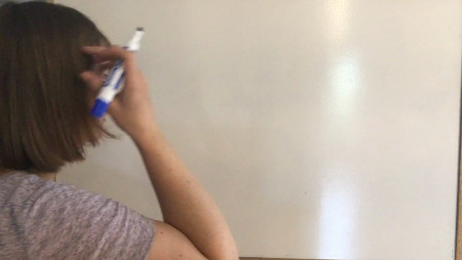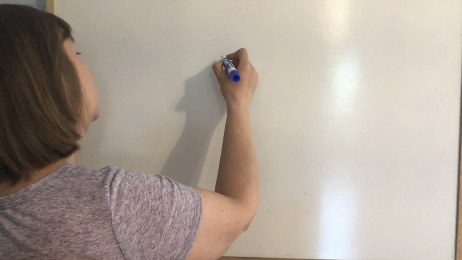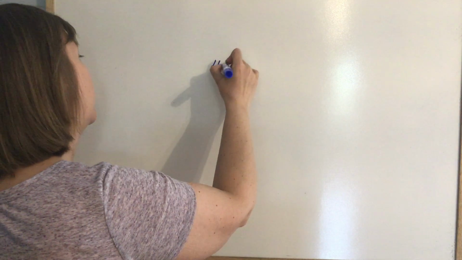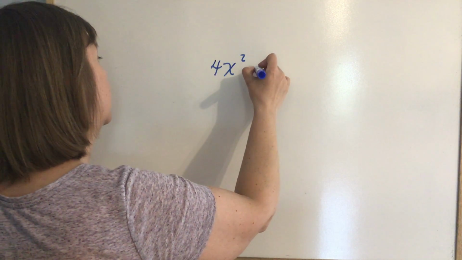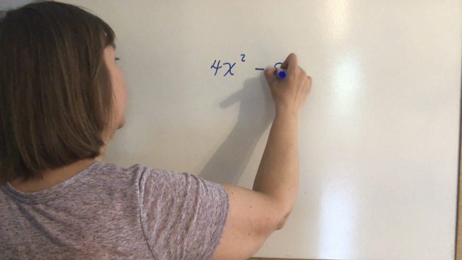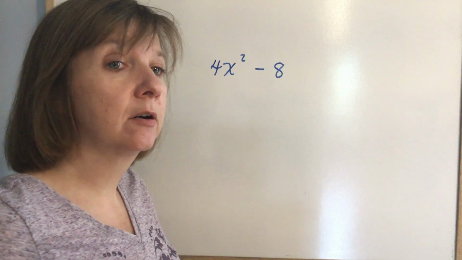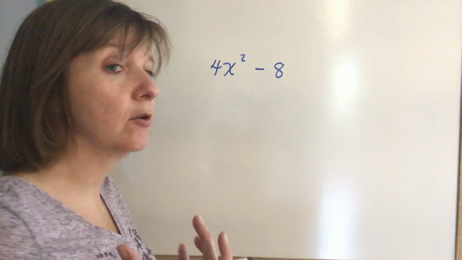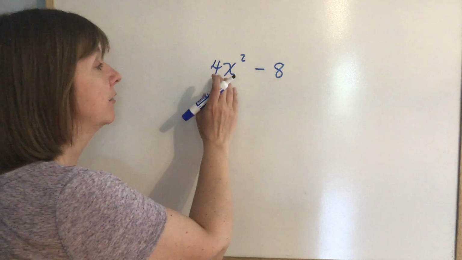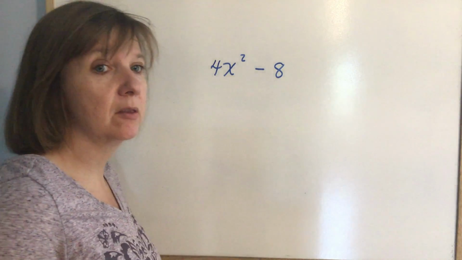Then we talked about factoring an expression. If you have 4x squared minus 8, there is a number that I can divide both pieces by.